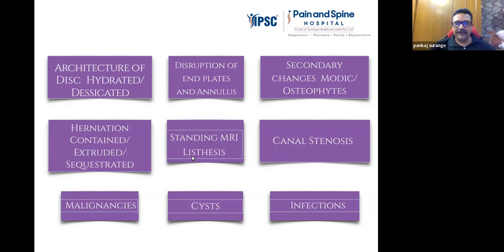If the patient is not fit for fixation surgery, in those cases we may go for the standing MRI to see what is the source of the compression. At times, because of the listhesis, there's ligamentum folding or maybe pseudo herniation of the disc that is compressing the nerve roots. In that case, we can do the decompression from the posterior or from the anterior, the disc decompression, without fixing the spine.